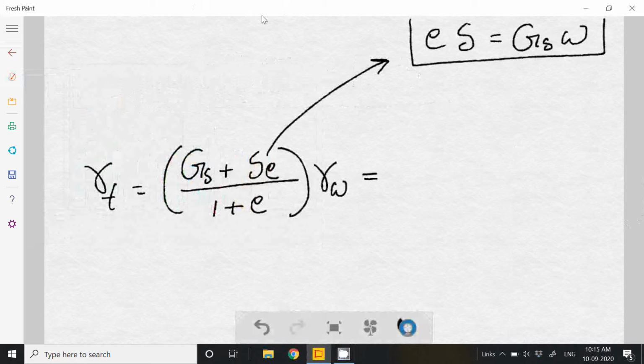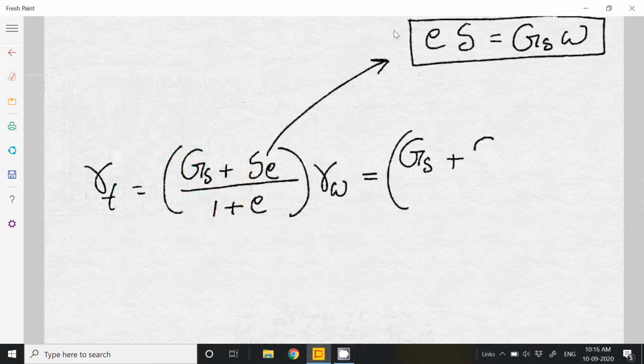If I try to substitute it here, it will become, instead of Se, I will be writing Gs into omega by 1 plus e.